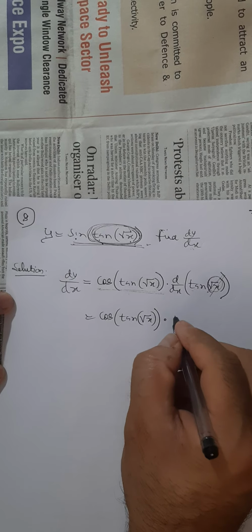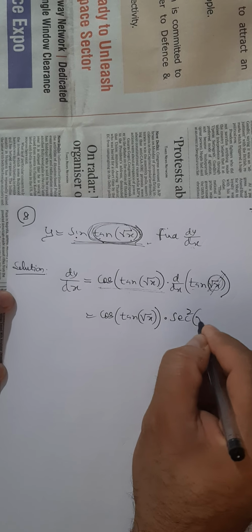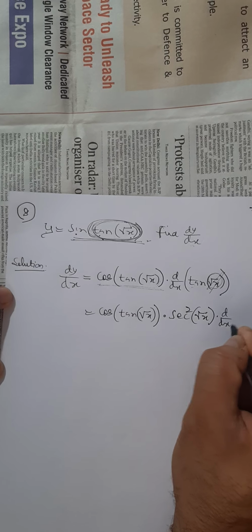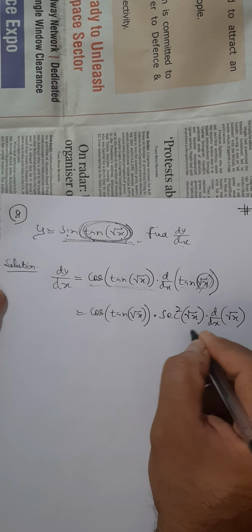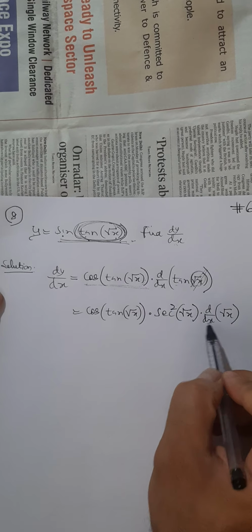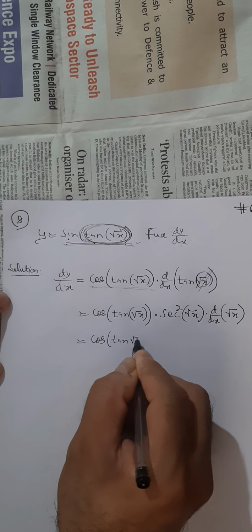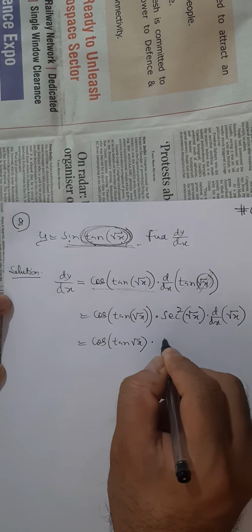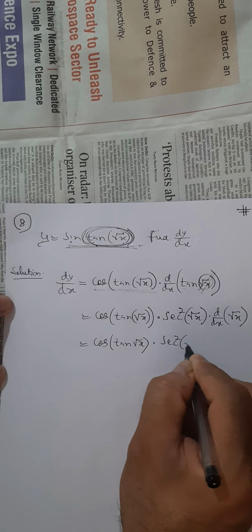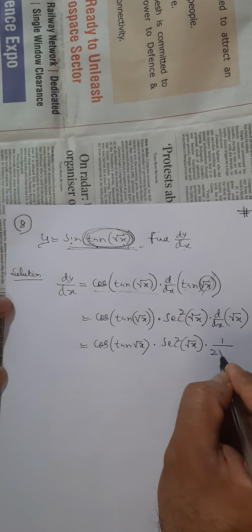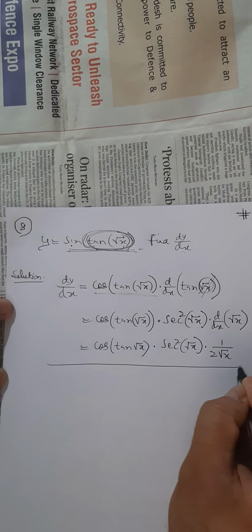So what is the derivative of tan x? Sec square root x as it is, into now d by dx of root x. Again chain rule. Over here chain rule, over here chain rule. So cosine of tan root x into sec square root x into the derivative of root x, which is 1 upon 2 root x. This is your final answer.